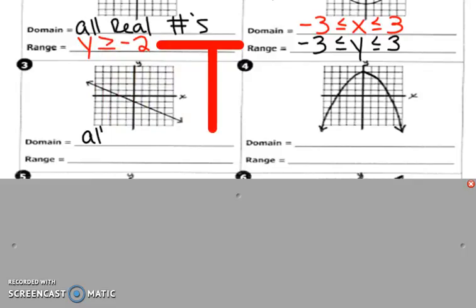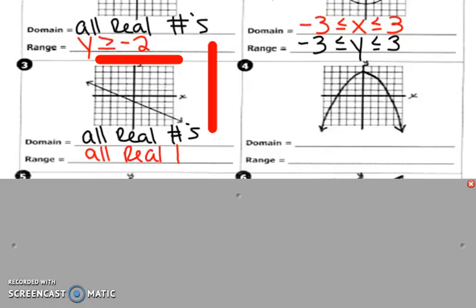So again, my domain is going to be all real numbers. In the case of my range, if I slide my pencil from top to bottom or bottom to top, it doesn't hit up here, but my arrows say that it's going on and on forever. So it does hit all the numbers again. This means my range is all real numbers. It is a function as well. It is a continuous function.